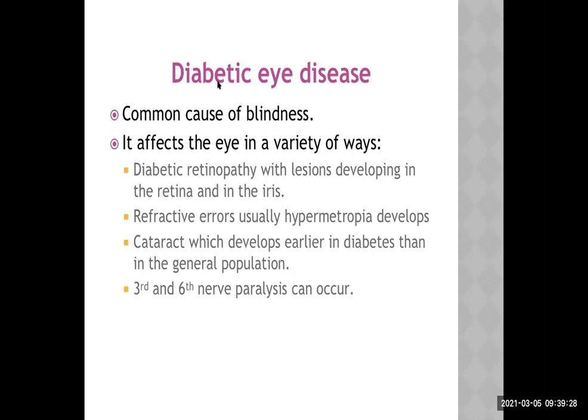See here. Diabetes affects the eye in a variety of ways. One is diabetic retinopathy, with lesions developing in the retina and in the iris. These are parts of the eyeball, so let me quickly talk about that. Our eyeball has three layers or coats.